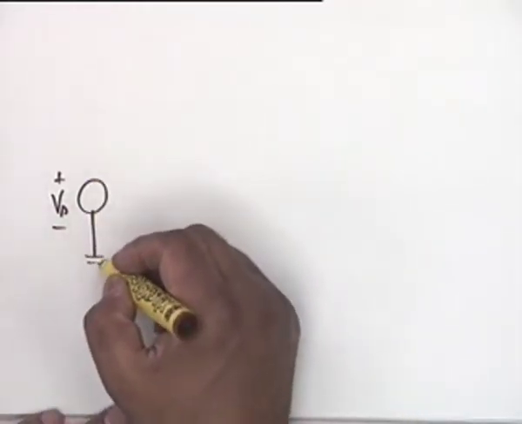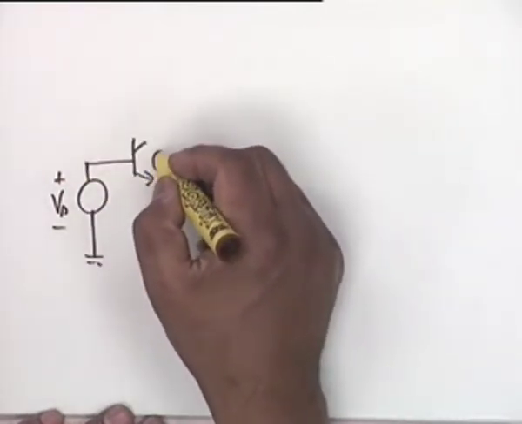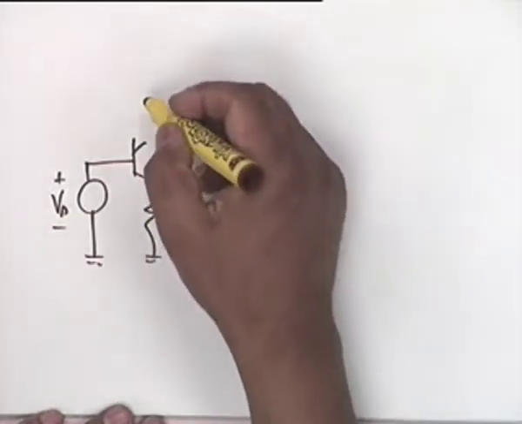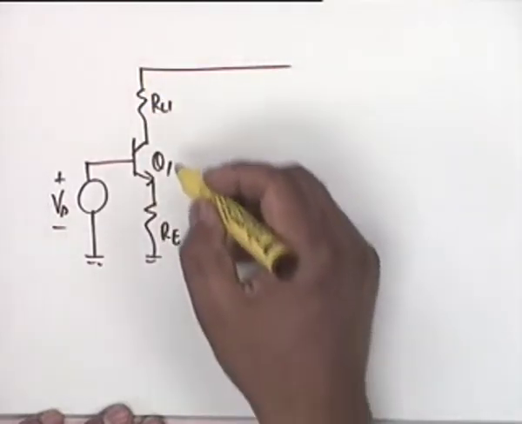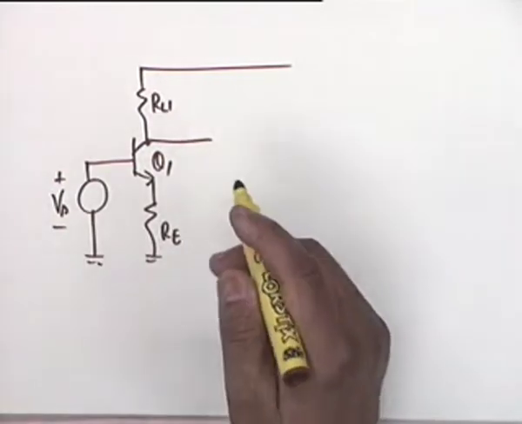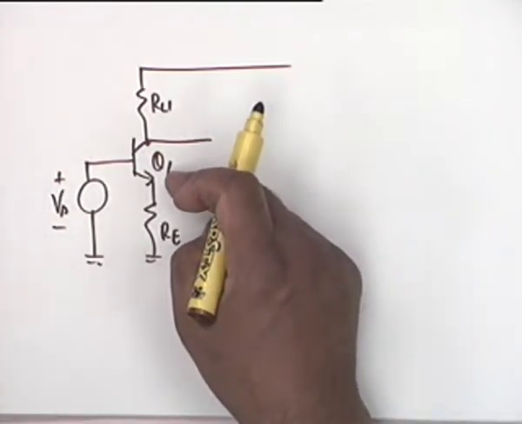So series, which means that you have a Q1 and RE, you have an RL1, and then the output impedance of this is high, so the output of this will behave like a current source.